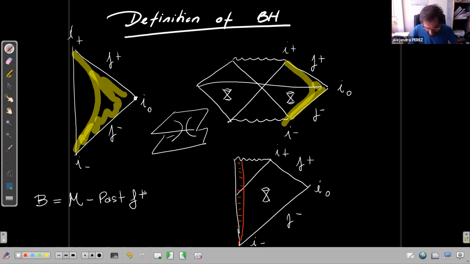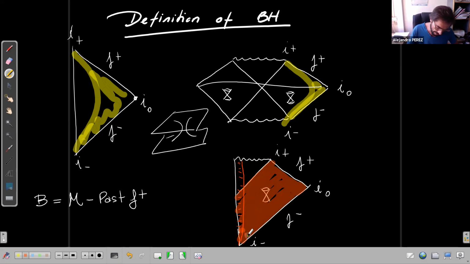So everything that is hidden by the causal structure from scri plus. So the past of scri plus is all this region. If you are outside this region, it means that you are unable to reach scri plus, you're unable to escape out to infinity, and therefore you are inside the black hole.